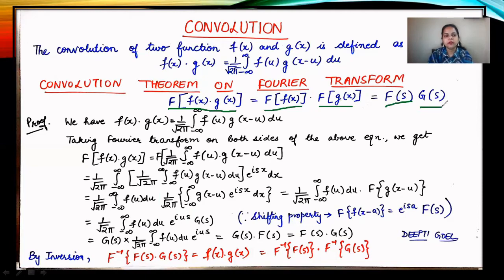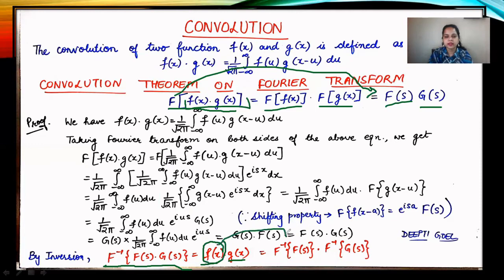We can also derive the convolution theorem for the inverse transformations. So when we take this Fourier to the right hand side, what is left behind is the f of x into g of x. So we have here that F inverse of f(s) into g(s) is equal to f of x into g of x, where this f of x can be written as the inverse Fourier transform.